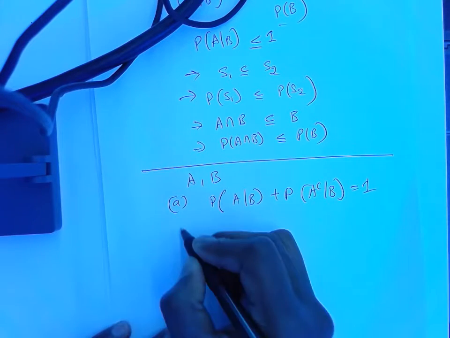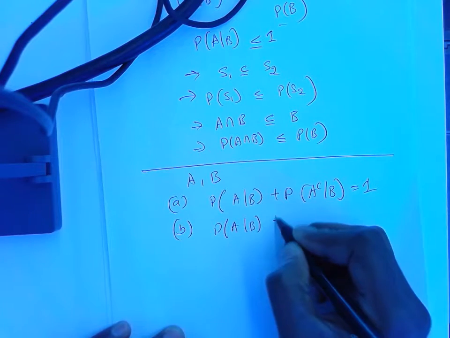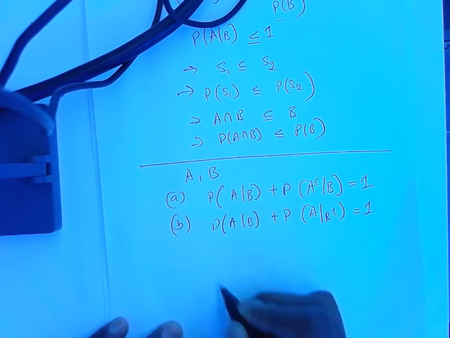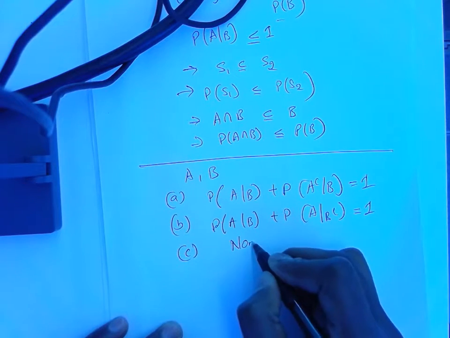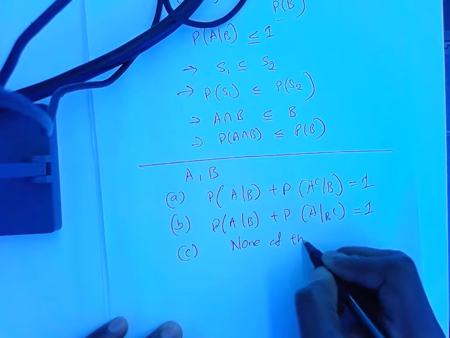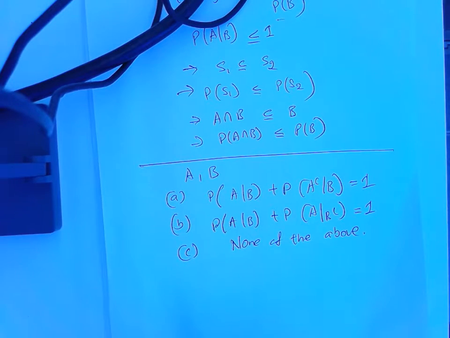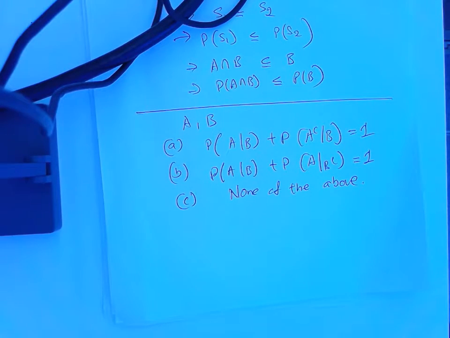Choice B: probability of A given B plus probability of A given B complement is equal to 1. And choice C, probably very important, none of the above. Okay, again, I'll give you a few moments. Pick one. Are you asking which one's true? Yes.